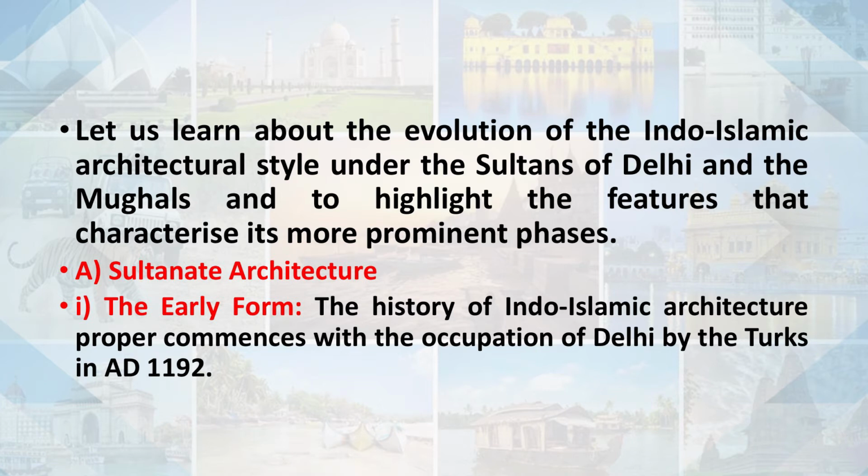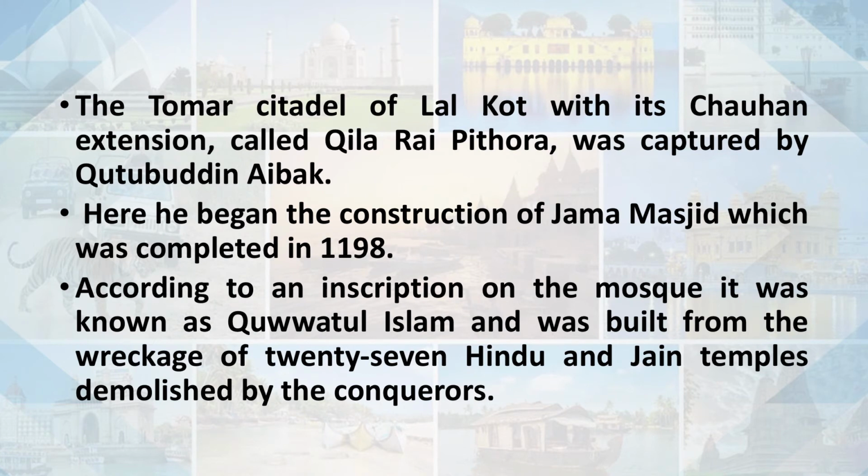The history of Indo-Islamic architecture proper commences with the occupation of Delhi by the Turks in AD 1192. The Tomar citadel of Lal Kot with its Chauhan extension called Kila Rai Pithora was captured by Qutubuddin Aibak.